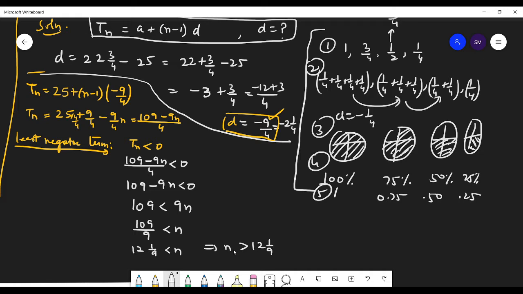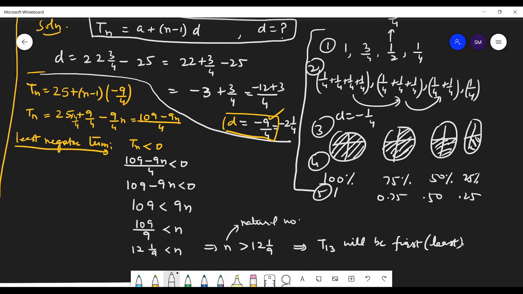And n is, of course, a natural number. So which natural number is greater than 12 point something? 13. So therefore it means T13 will be the first, or that is also the least.